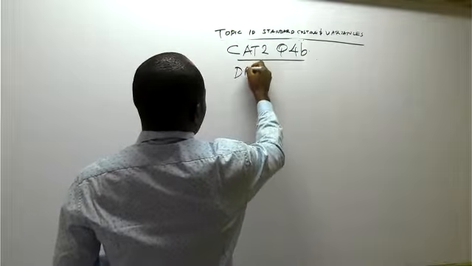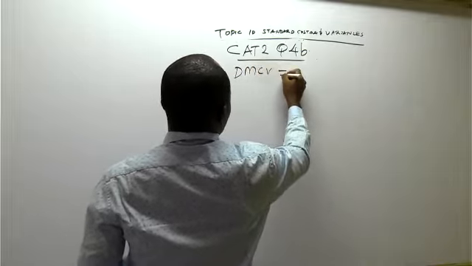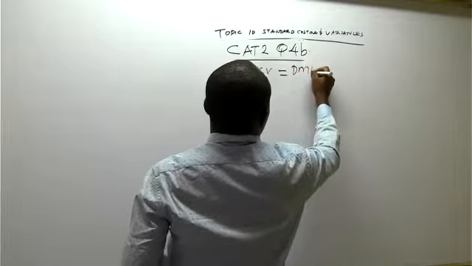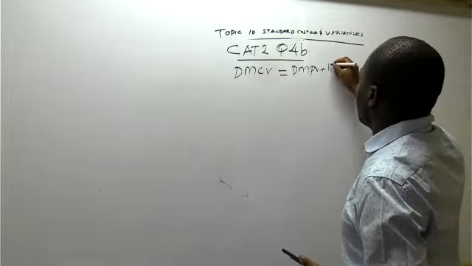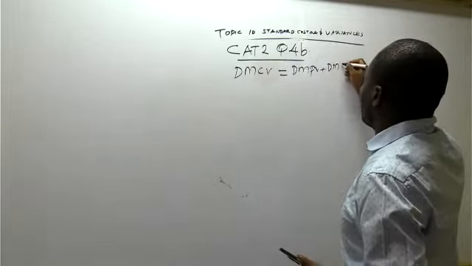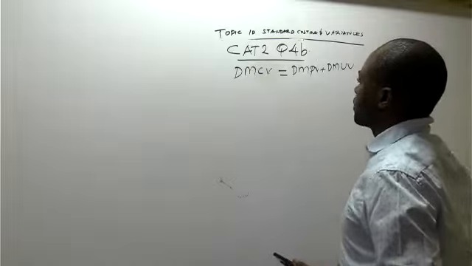Direct material cost variance is equal to direct material price variance plus direct material usage variance.